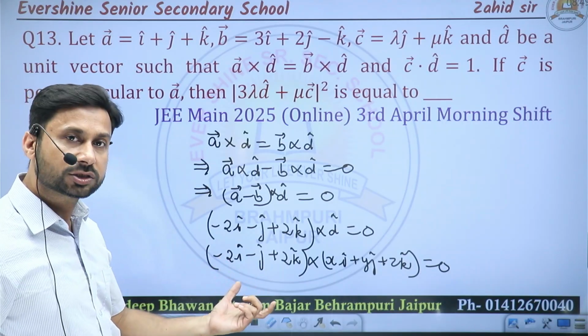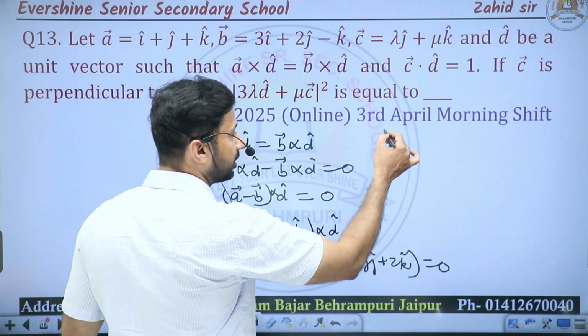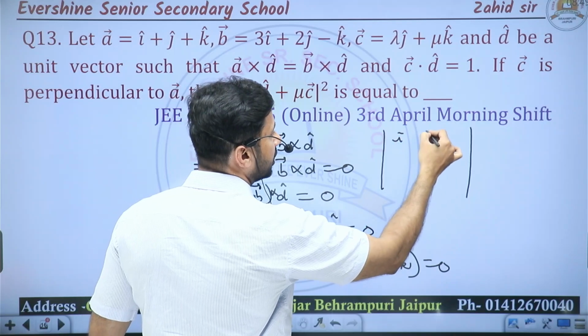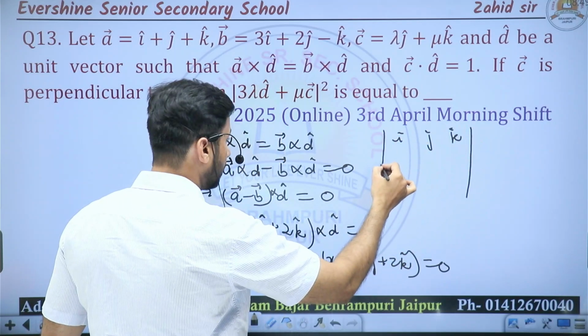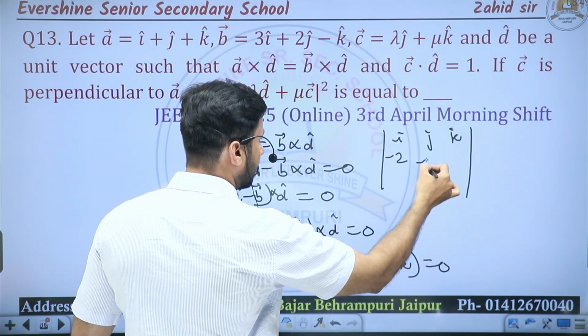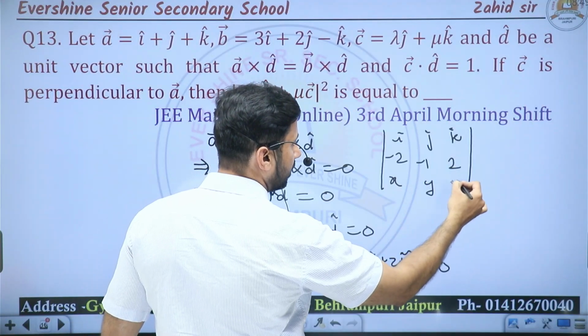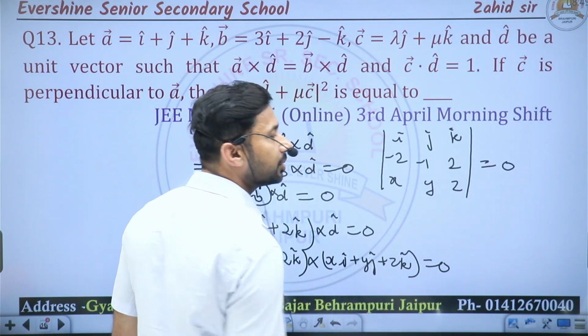Now I can find the cross product by matrix method. So I, j and k, minus 2, minus 1 and 2, x, y and z, which is equal to.